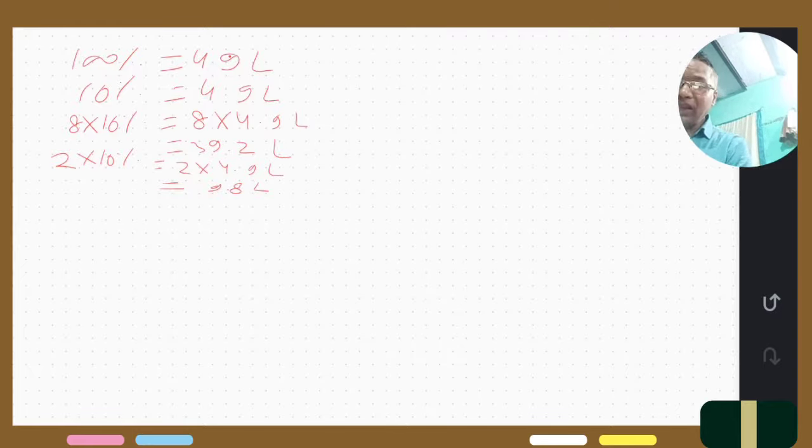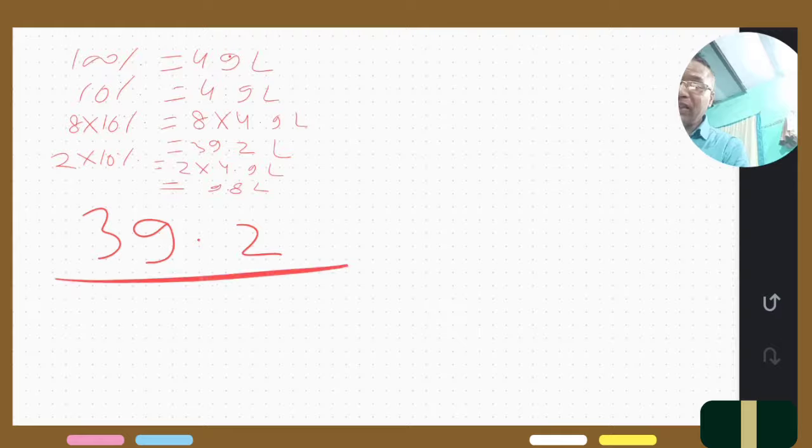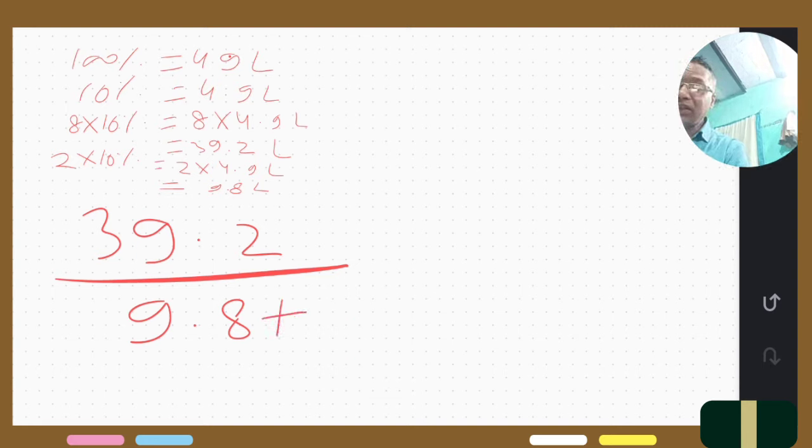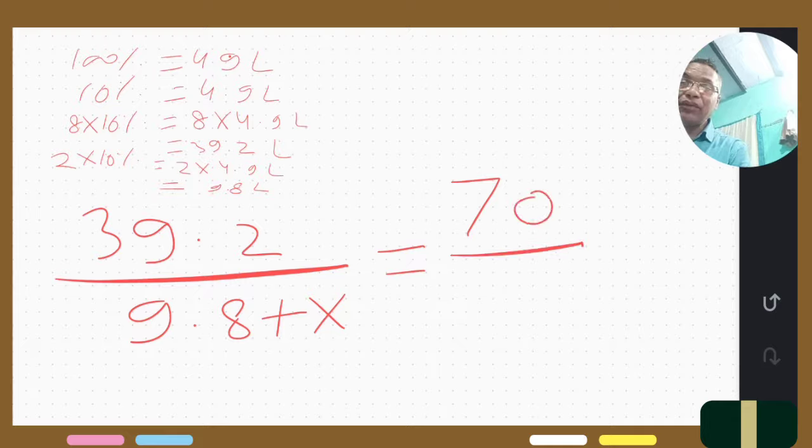Now milk is 39.2 liters and the other solution is 9.8 liters. In that, what quantity of water must be added? Let X quantity of water be added to make the concentration 70%, means 70% milk, and the leftover other solution 30%. This 0 will cut 0.